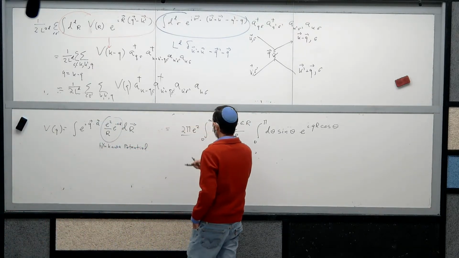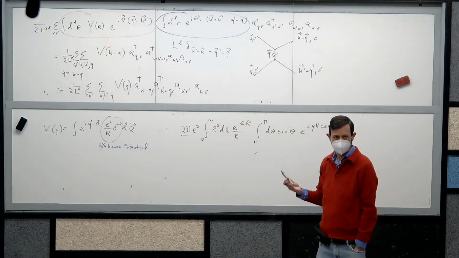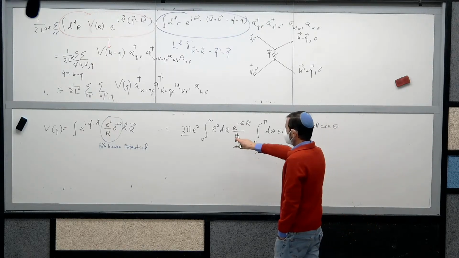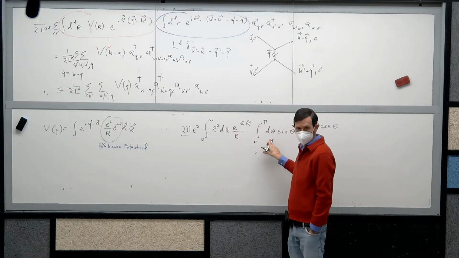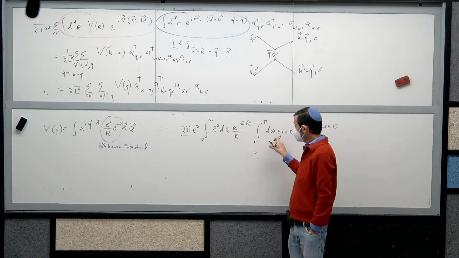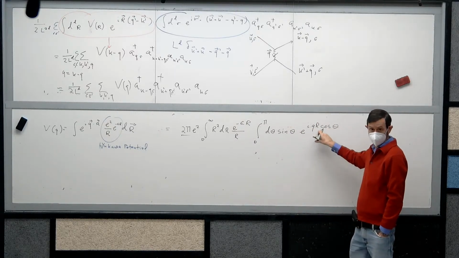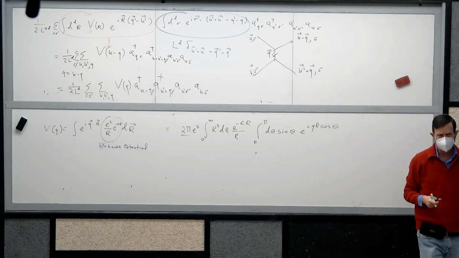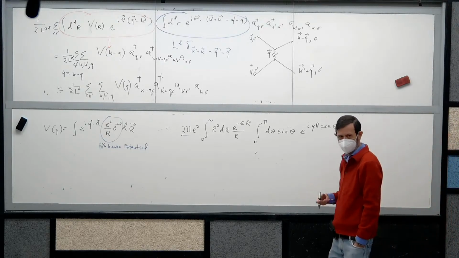No dependence on phi, so the integral over d phi is 2 pi. This is the r part, and this is the theta part. Jacobian, q dot r is qr cosine theta. I'm sure you've seen it somewhere before. In condensed matter it appears often.